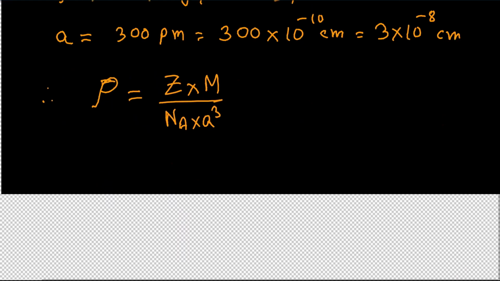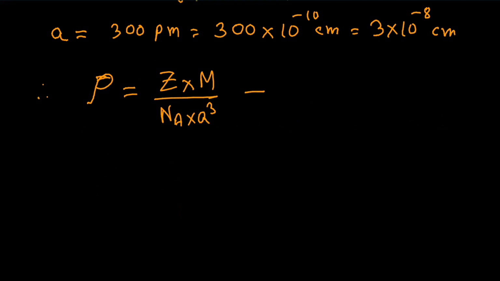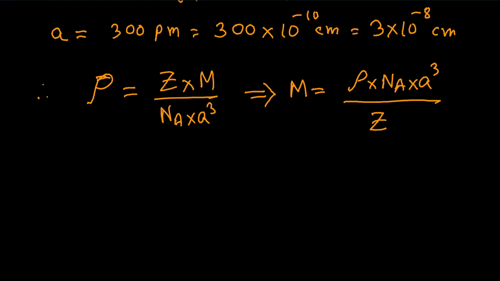We know this. So from here, we have to find out at first the value of M. M will be equal to rho × Na × a cube by Z. So you just have to put the values here.